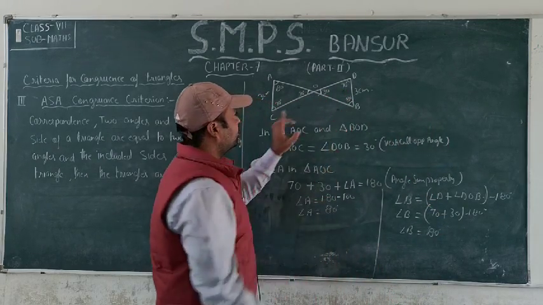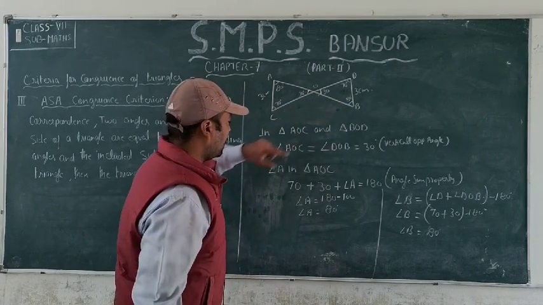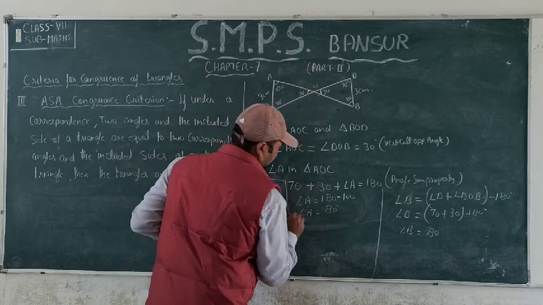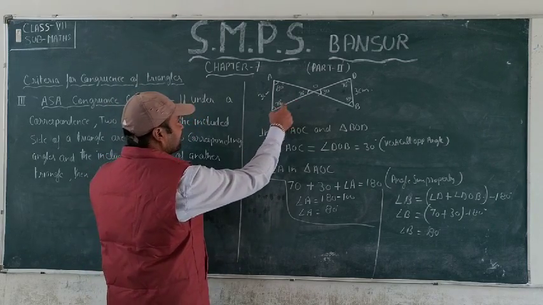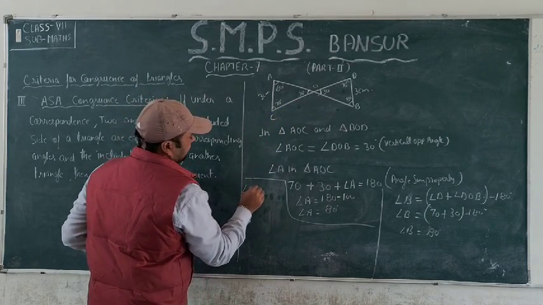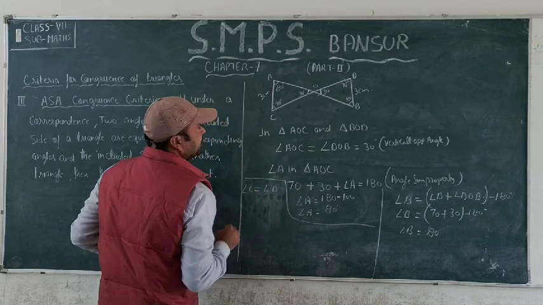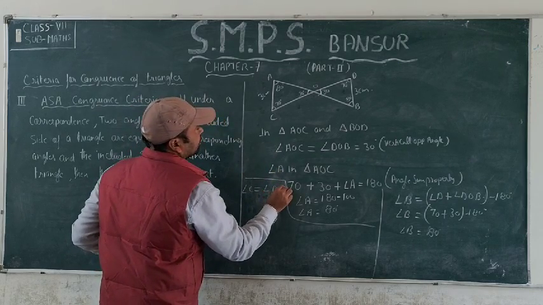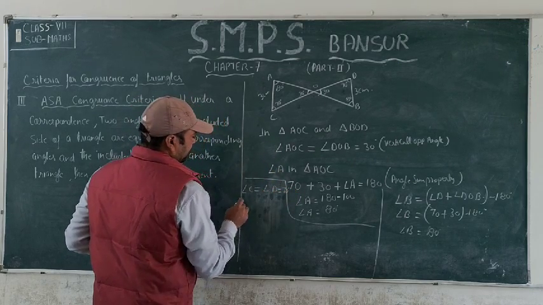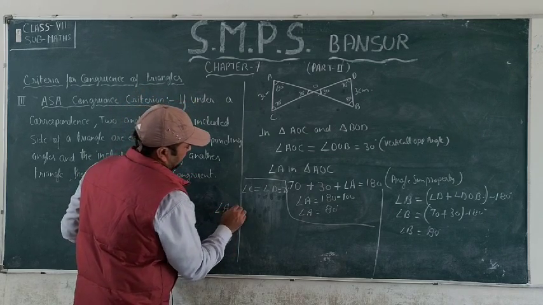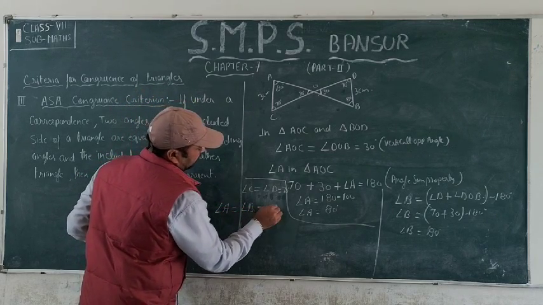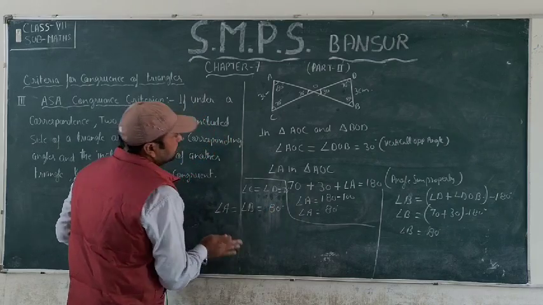Now we find the included angles, this and this angle. So according to the rules, first we will consider this angle. Angle C is equal to angle D, that is equal to 70 degrees. Then angle A is equal to angle B is equal to 80 degrees.